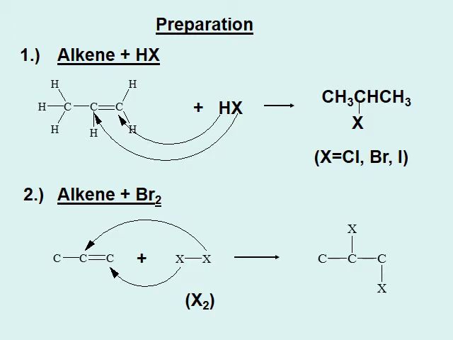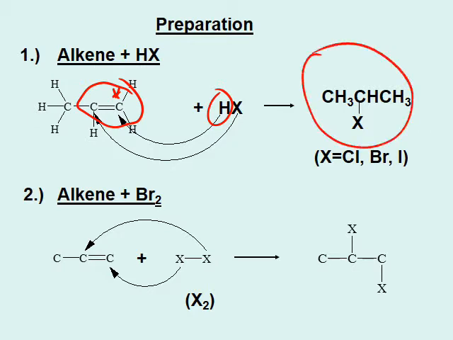In this particular case, you're seeing a reaction of alkene with HX, where X could be Cl, Br, or I. Just like any other Markovnikov's reaction, H goes to the carbon of the double or triple bond that has a larger number of hydrogens. This end carbon already has 2 hydrogens, so this hydrogen would go there too. And X, which could be Cl, Br, or I, would go to the other end. That's how you end up with this product.